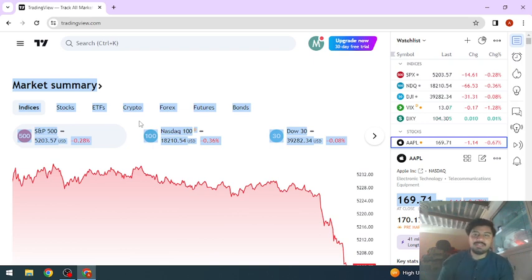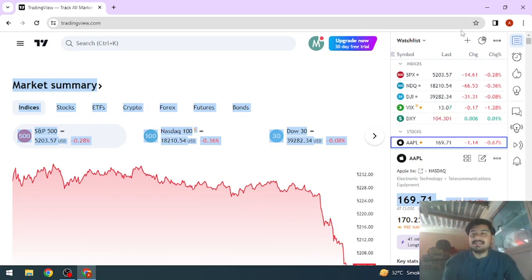All the activities you can see on this platform.